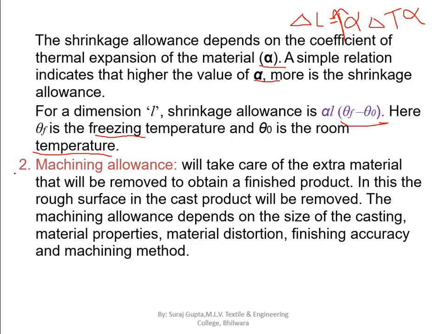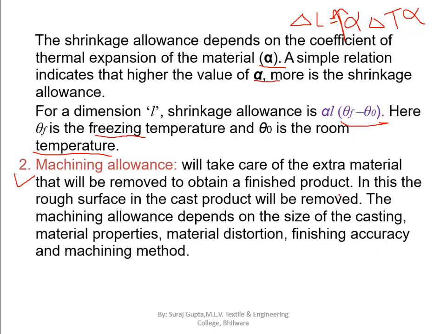Okay, next is the machining allowance. It takes care of the extra material that will be removed to obtain a finished product. Means after casting, the product is not finished up to the mark, so we need some surface finishing, a surface removal process. That is known as the machining allowance.